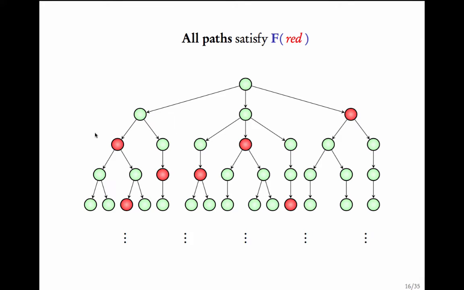So in particular, all paths in this tree will satisfy F red. If you just look at some path in this tree and write it down in a linear way, you will see that red will be true at some point. Previously we were looking at exists a path satisfying F red. Now we say that all paths satisfy F red.